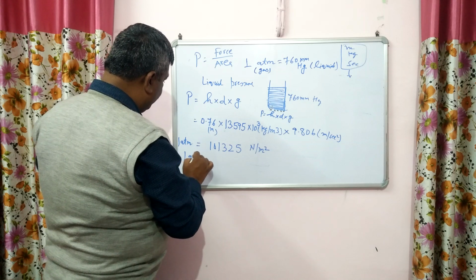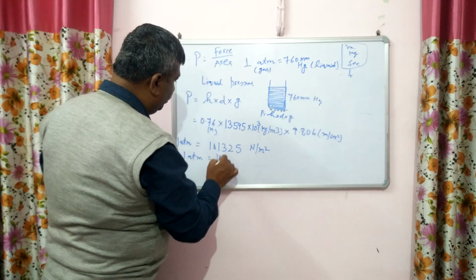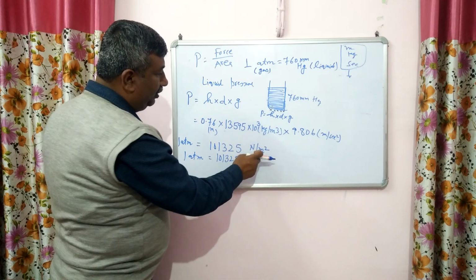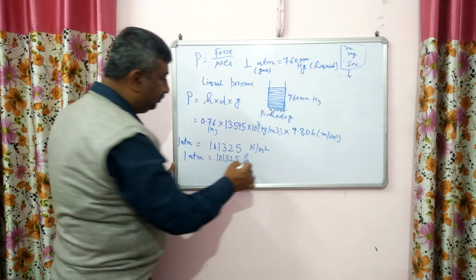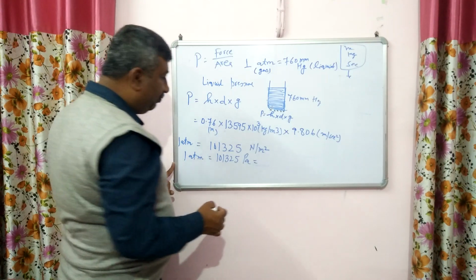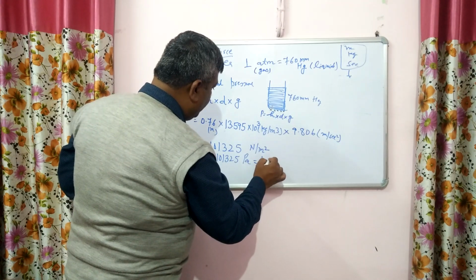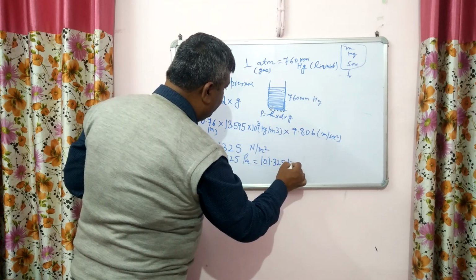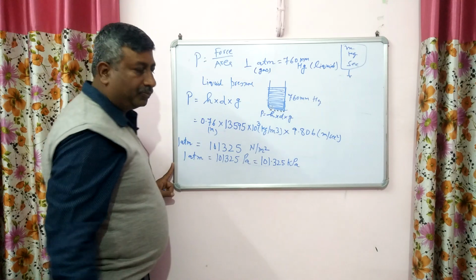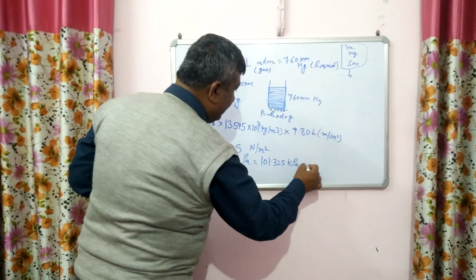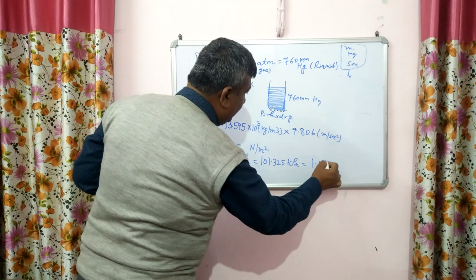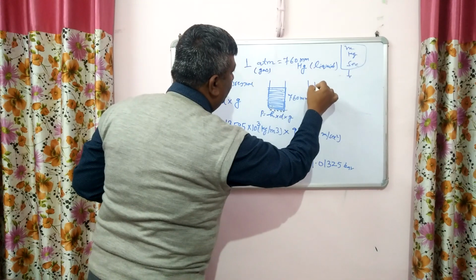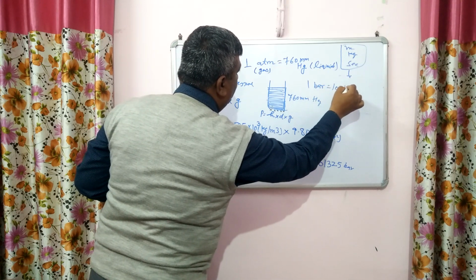So 1 atmospheric pressure is equal to 101,325. We write it as Pascal because 1 Newton per square meter is equal to 1 Pascal. Then we can write it as 101.325 kilopascal. Okay, and we can write it as 1.01325 bar because 1 bar is equal to 100 kilopascal.